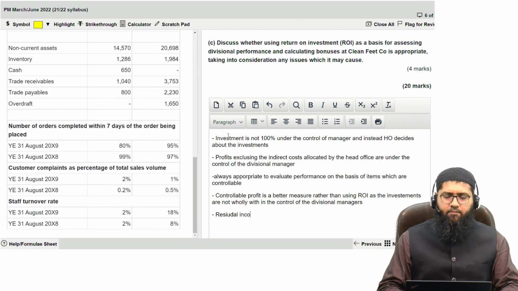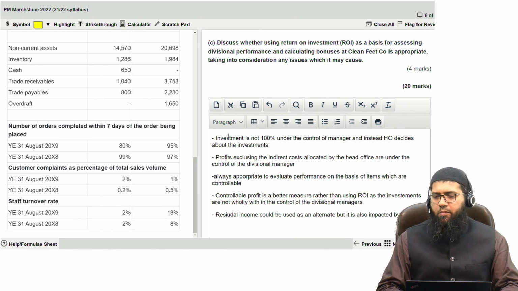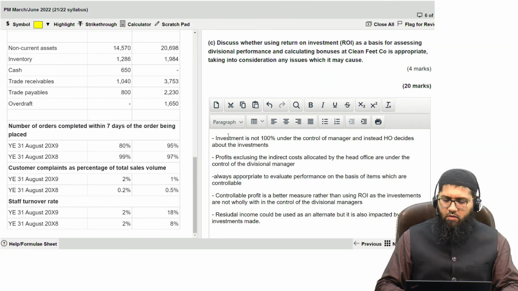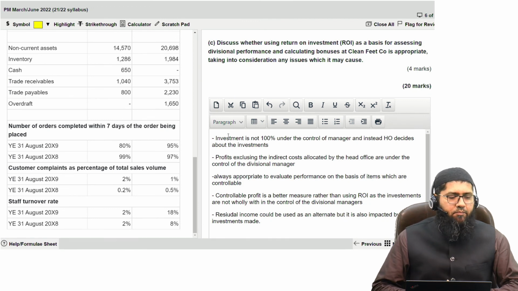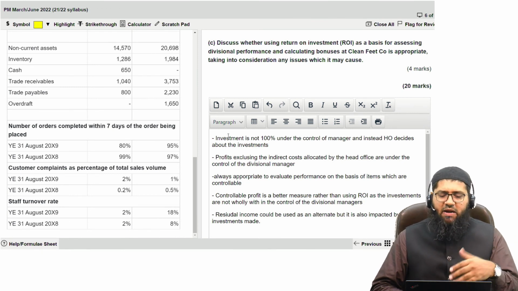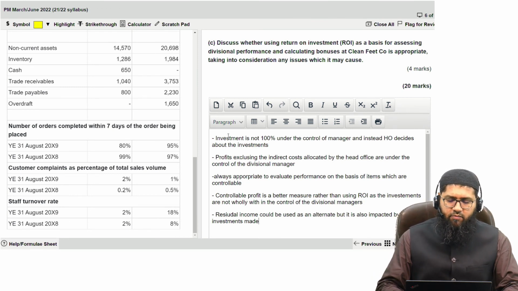Residual income could be used as an alternative, but it is also impacted by the investments made. Because you see, residual income also has profit minus the investment multiplied by the desired rate.